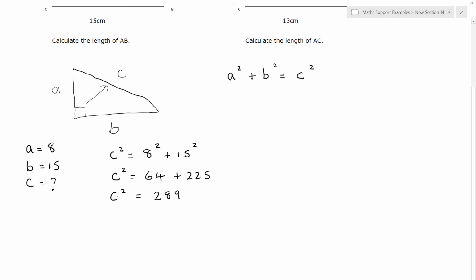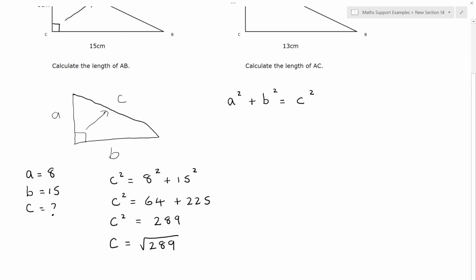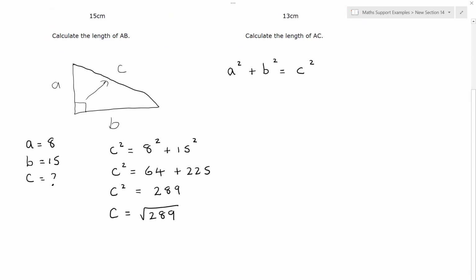We therefore see that C squared is 289, but we want the value of C. So to find the value of C, we need to square root both sides. So we say that C is equal to the square root of 289.